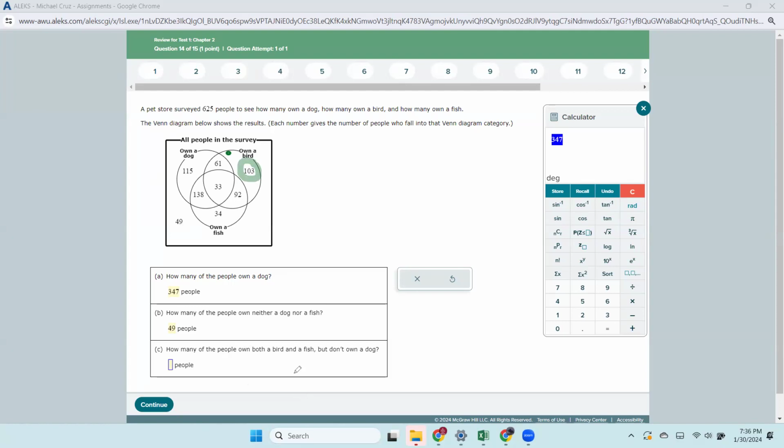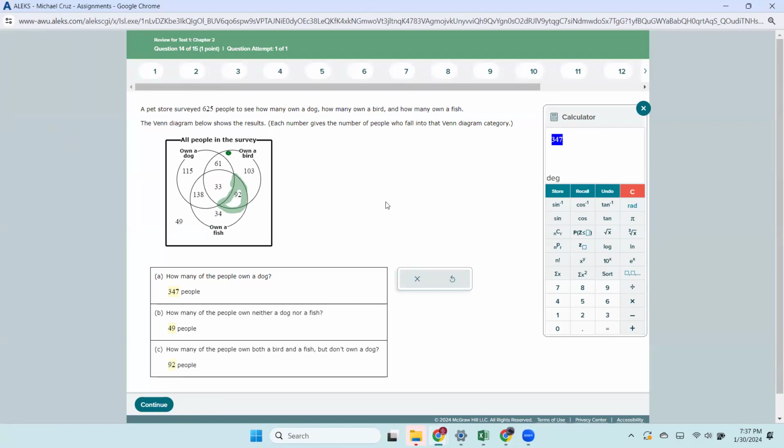We need both bird and fish. This is just fish, but we need bird and fish. 33 is bird and fish, but also dog. So the one we want is 92, because it goes right up to the dog but doesn't include it.